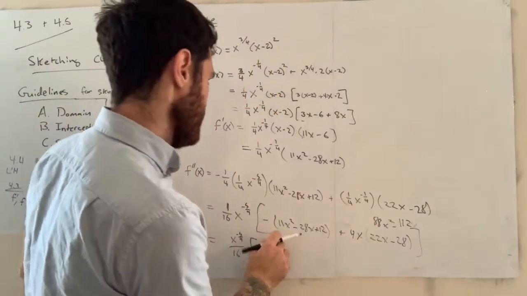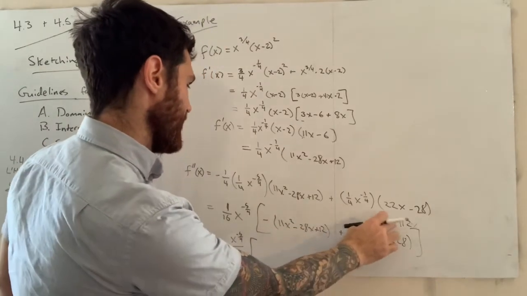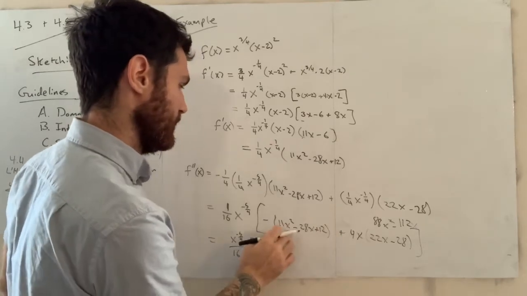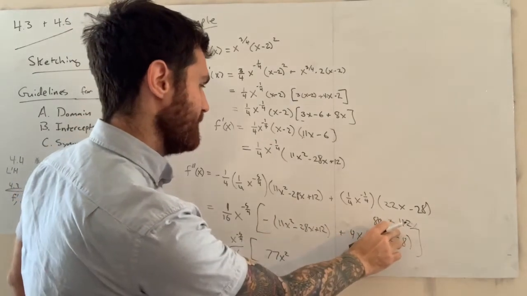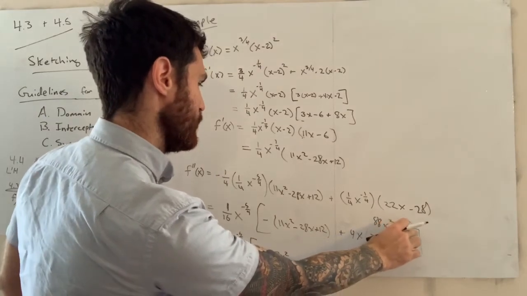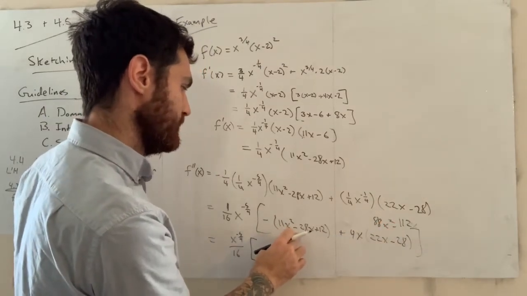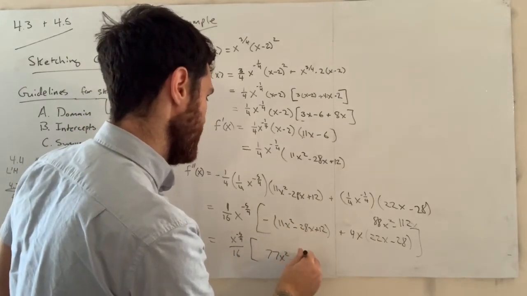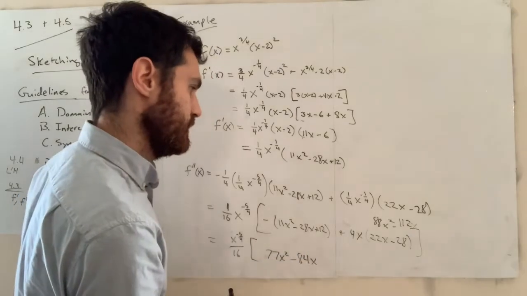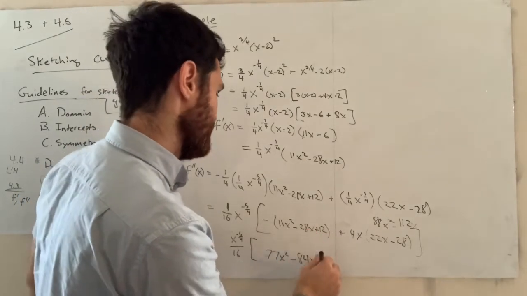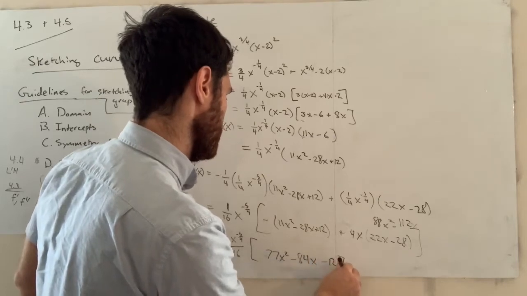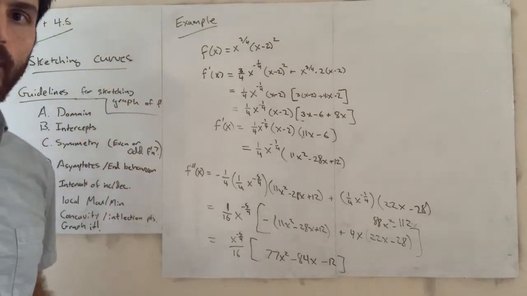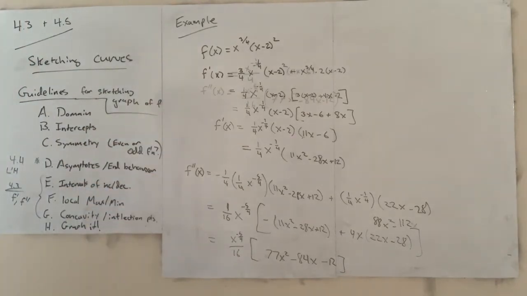And so now if I combine these, I get 88x squared minus 11x, 77x squared, 11x squared. And then I have negative 112x plus 28x. That's going to leave me with minus 84x. And then I'm going to have this minus 12 here. Okay, so that's going to be how we take the second derivative. And then we'll be back with what to do with this information.